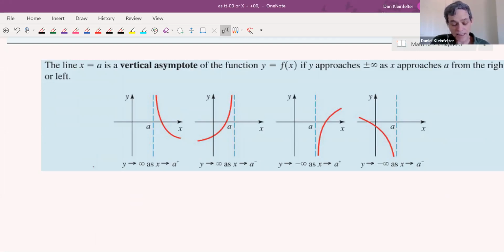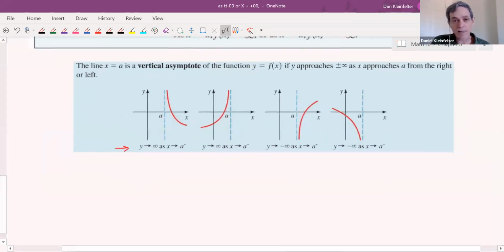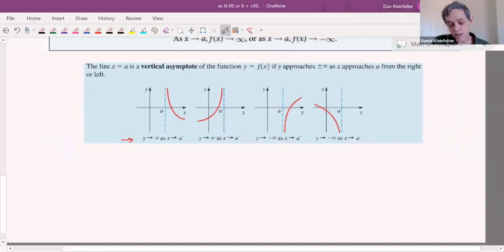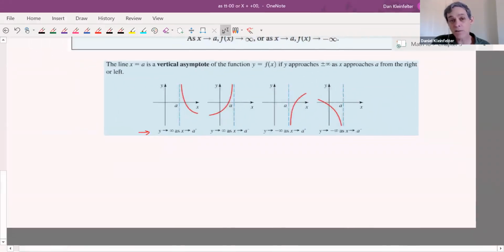And then you can see that down below we've used the arrow notation to describe that. So a key feature of rational functions is that they have those vertical asymptotes. Unlike polynomials, we saw that polynomials were continuous everywhere. They didn't have any breaks or gaps or anything. A rational function is going to have those vertical asymptotes.